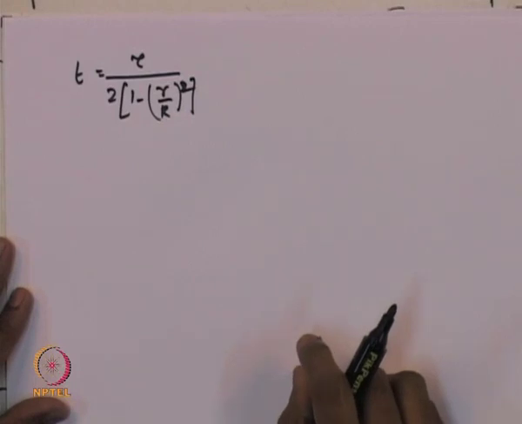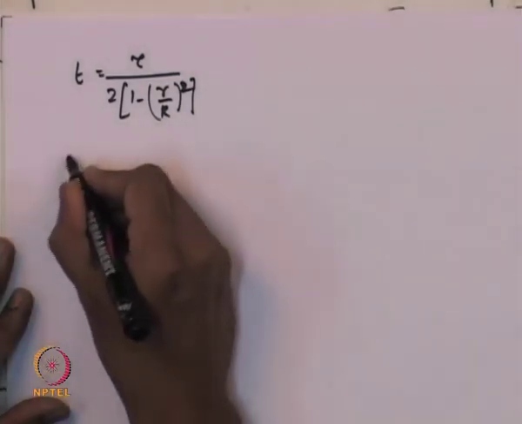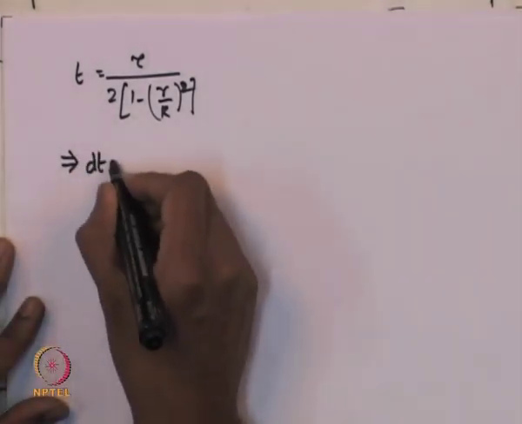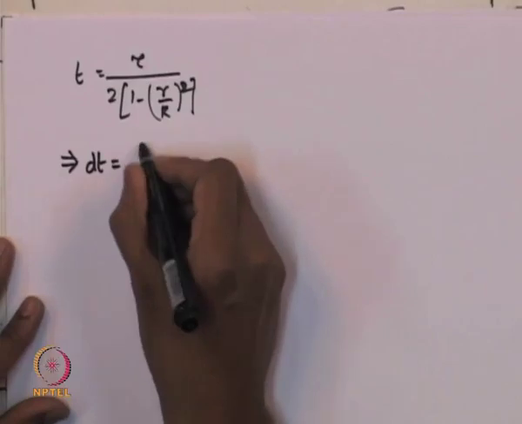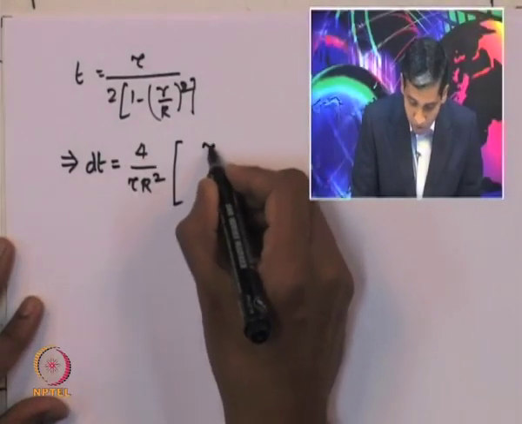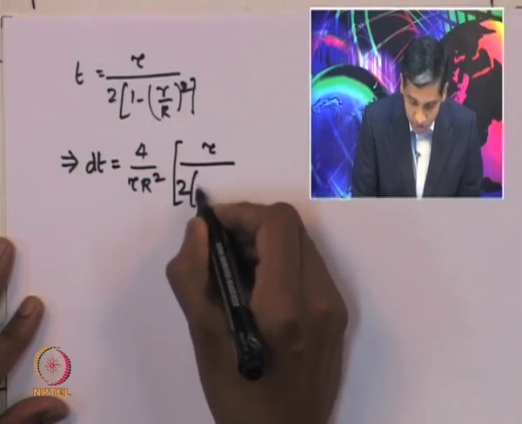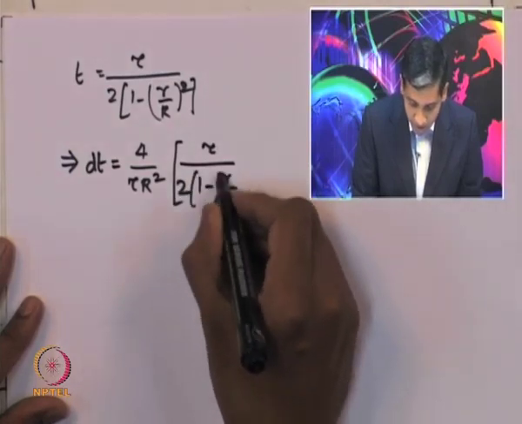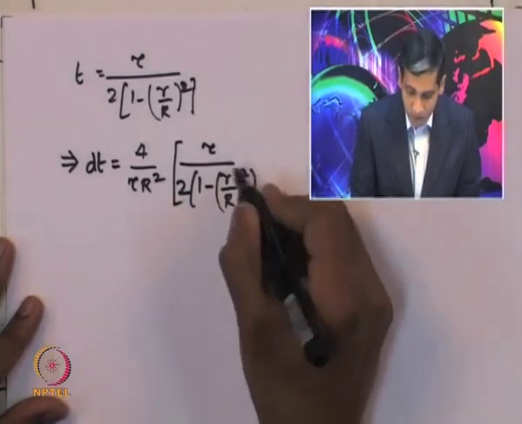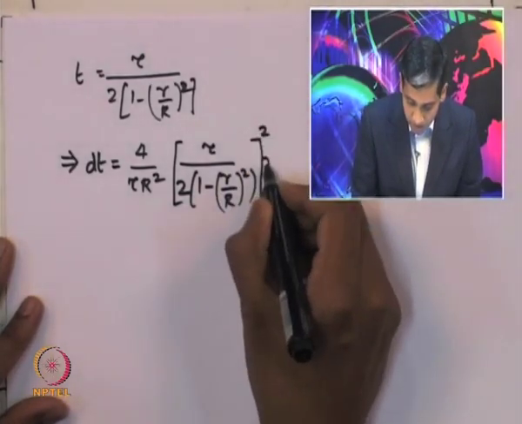Now, by differentiating this expression, we can find that dt equals 4 by tau R square multiplied by tau divided by 2 into 1 minus r by R square. One needs to perform a little bit of algebra to get this expression, into r dr.